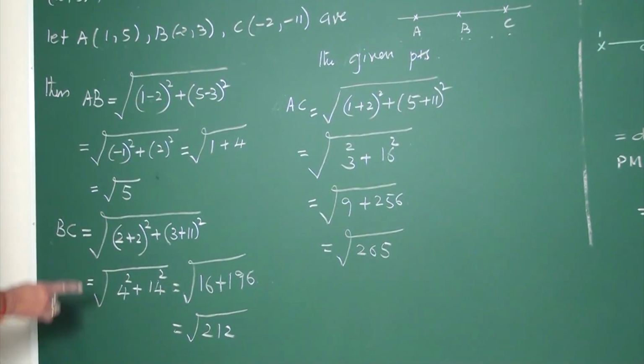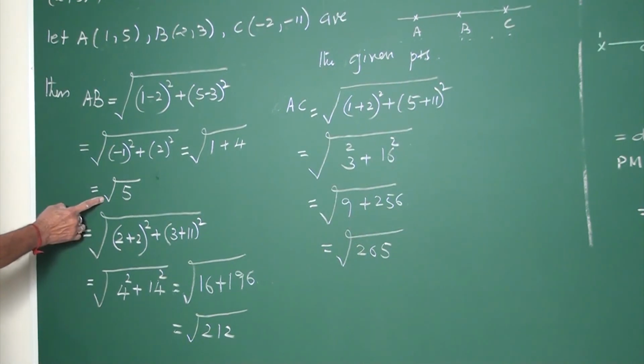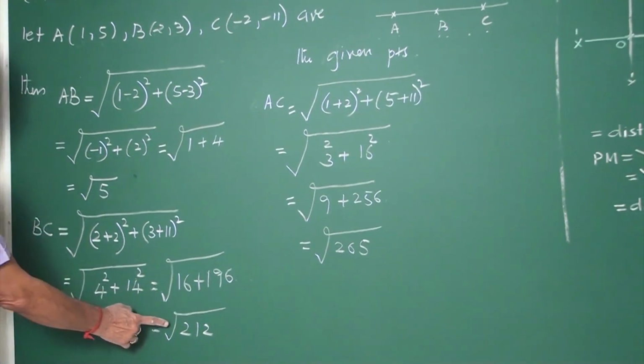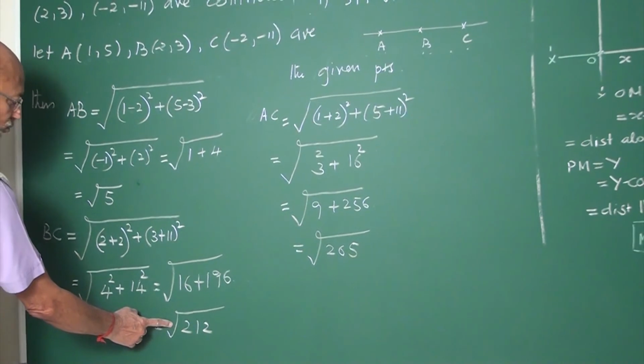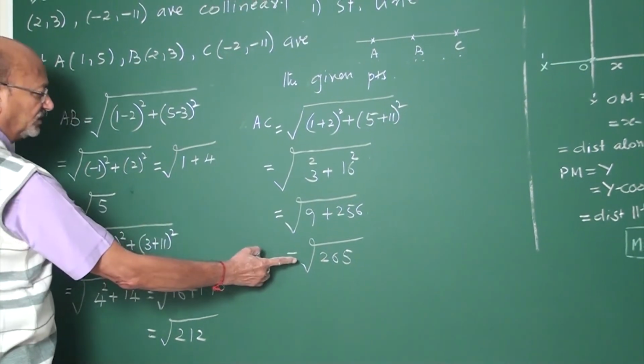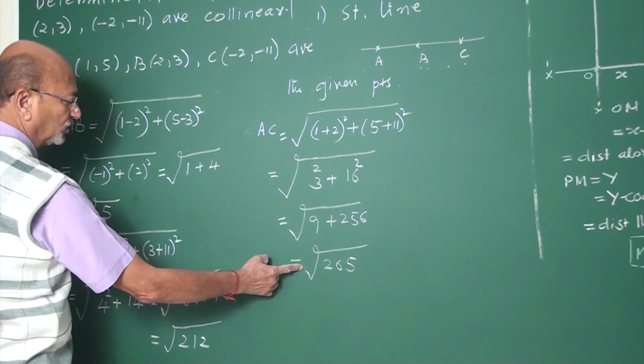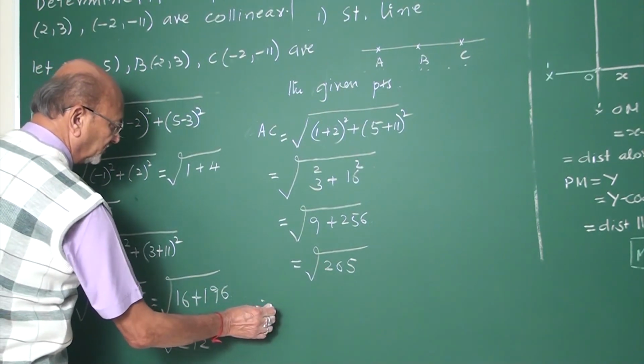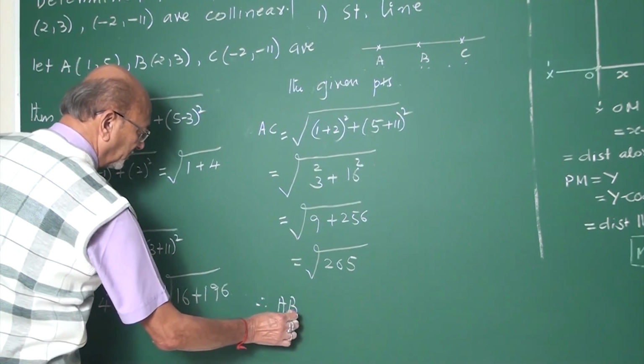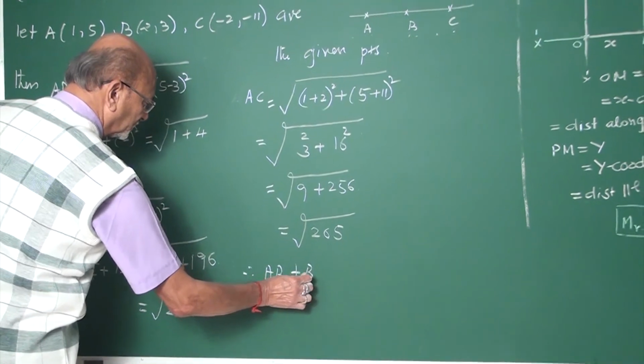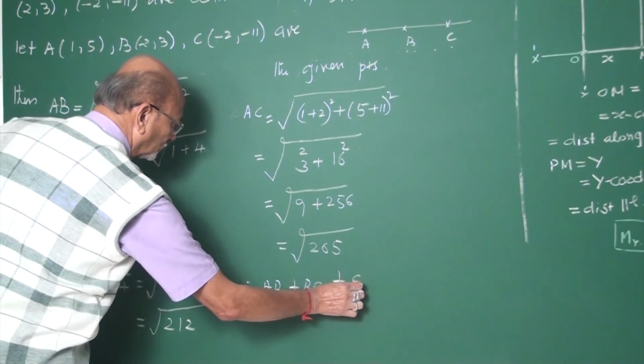What is your observation? AB is root 5, BC is root 212, AC is the square root of 265. This gives AB is not equal to BC, not equal to AC.